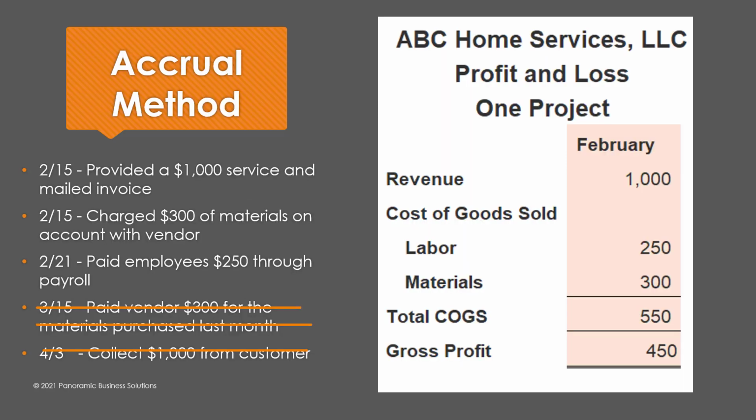During the month of February, everything magically just matches and reports the profitability of that one true project. Revenue of $1,000 is reported. Our materials, our labor, both are reported in the month of February. So we're able to see in the month of February, our gross profit for that project was $450.